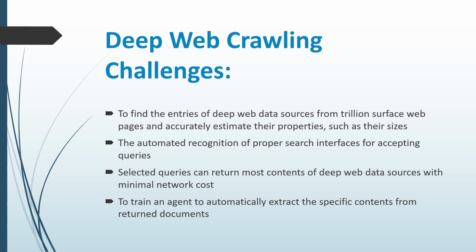Selecting queries that can return most contents of deep web data sources with minimal network cost is the key challenge in the third step. The main challenge of the fourth step is to train an agent to automatically extract the specific contents from written documents.